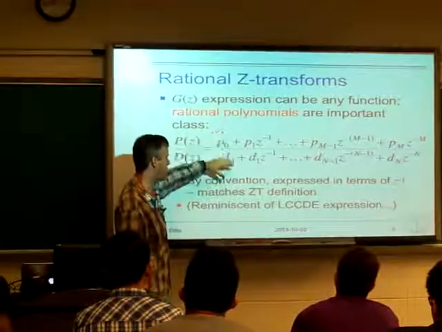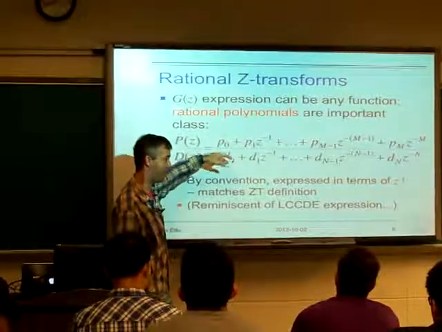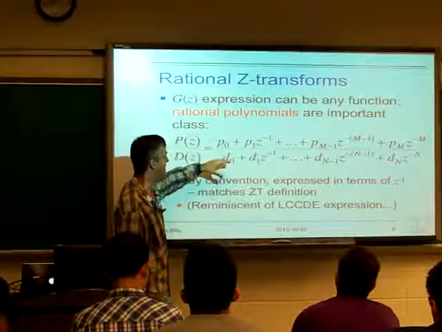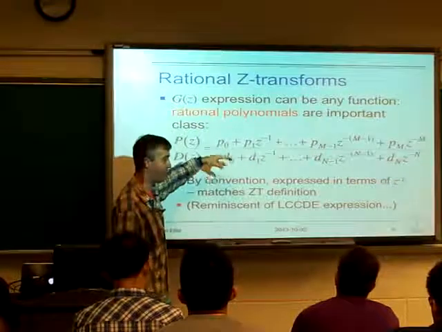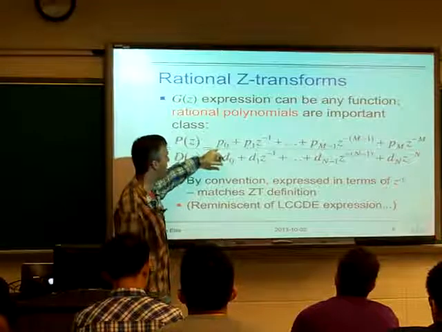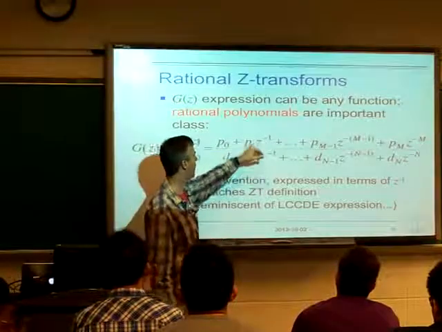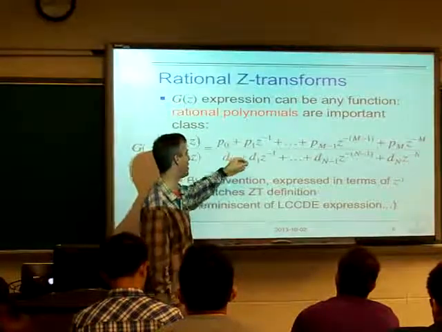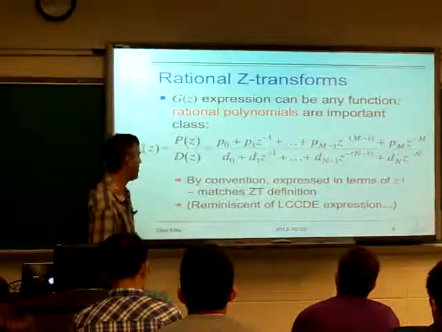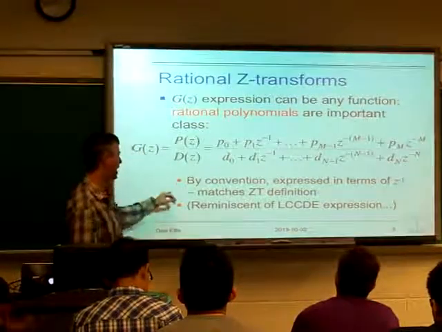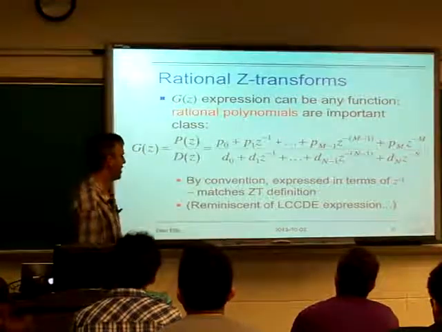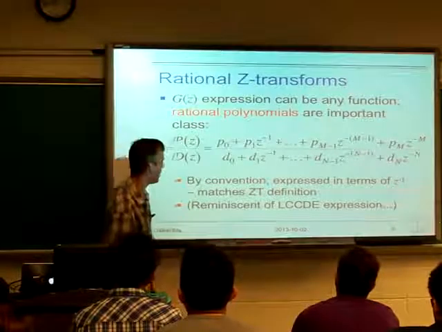Obviously, when it's ratios like this, you can multiply top and bottom by Z to the K or something, and get different equivalent forms. But here, by convention, we have the highest order of Z to the 0, and then all the other powers of Z are negative, because that reminds us of the use of negative powers of Z in the Z transform, or maybe some deeper reason.